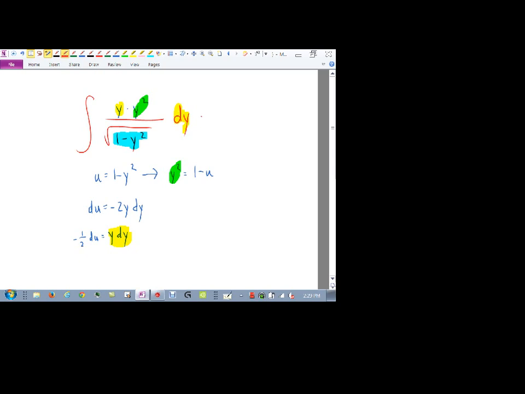So this integral turns into negative 1 half comes out. Oh, the y dy is gone. So what's on top? 1 minus u. What's on the bottom? Square root u du. Just turn this into two different terms: u to the negative 1 half minus u to the 1 half.